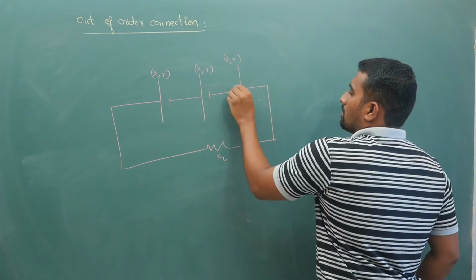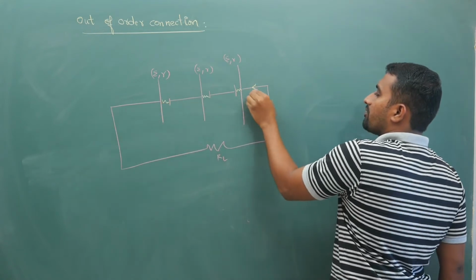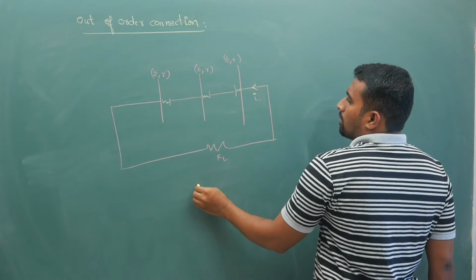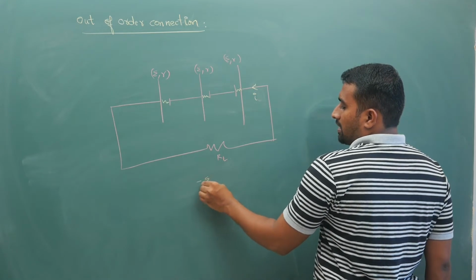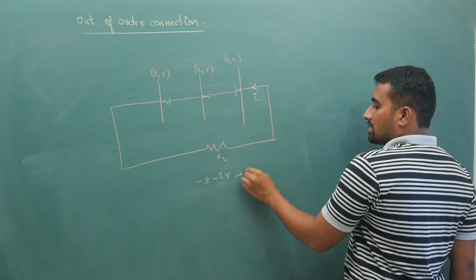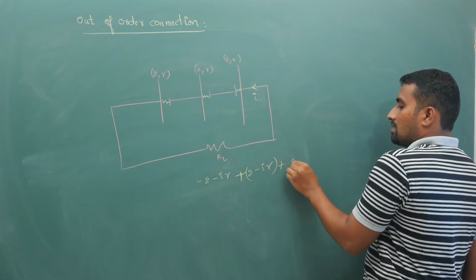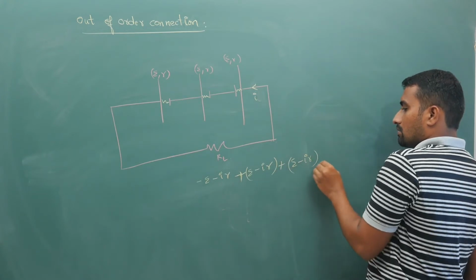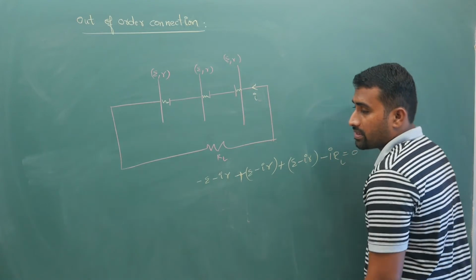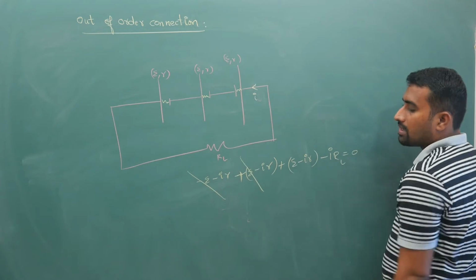Now when your current starts flowing and you apply Kirchhoff's law, you are going to get minus E minus I times small r, plus E minus I times small r, plus E minus I times small r, minus I times R load is equal to 0. Now minus E plus E will cancel off.